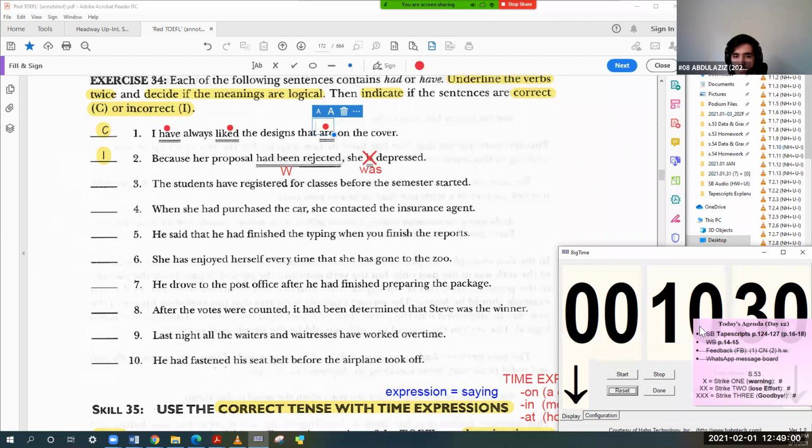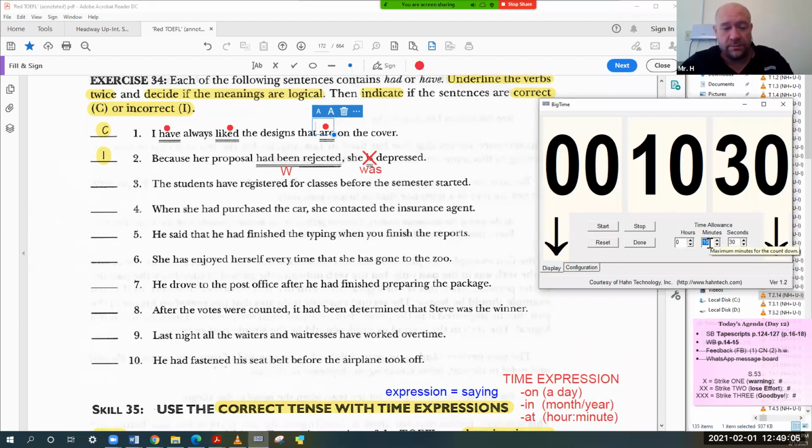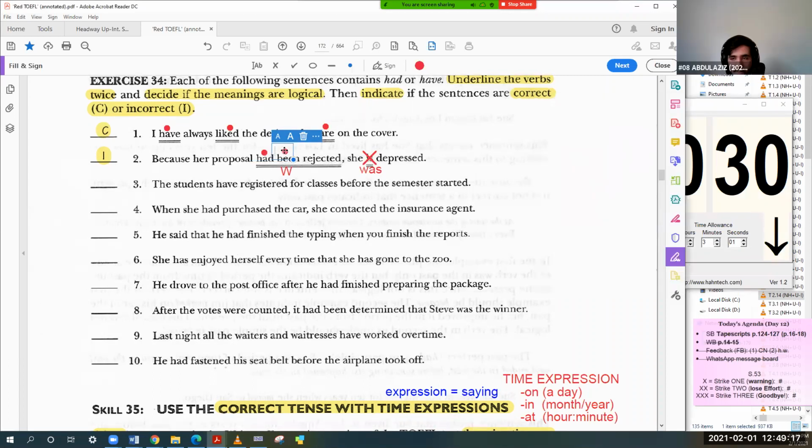Mr. Raj, yeah. I have a question, number 2. Sure. Past perfect comes with the past simple, right? And number 2, this is past perfect. Had been. Yeah, it comes with the past simple after the past perfect. If you use the past perfect and present simple, it's wrong.